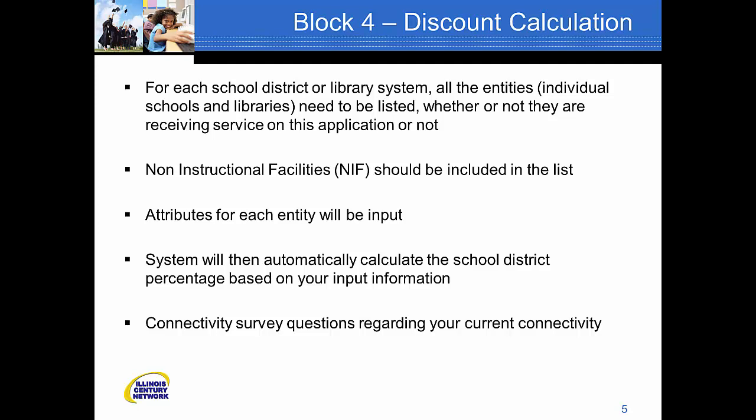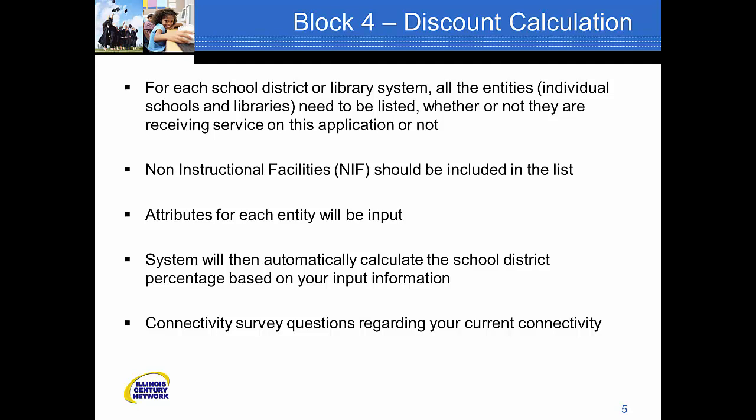It's this billed entity information, and it really is the name, address, and contact info, as I mentioned here. Next is Block 4, the discount calculation. This is where the school district discount, or the discount that should be used for libraries, which is based on the school district, is determined.